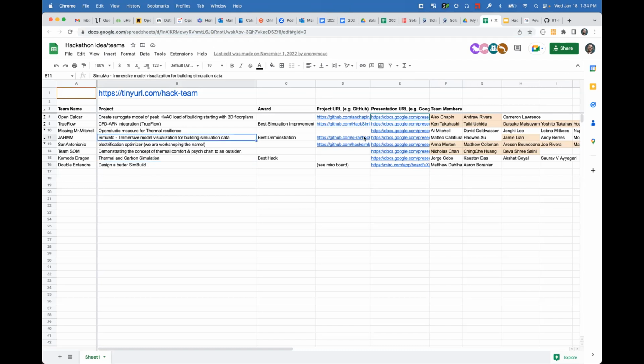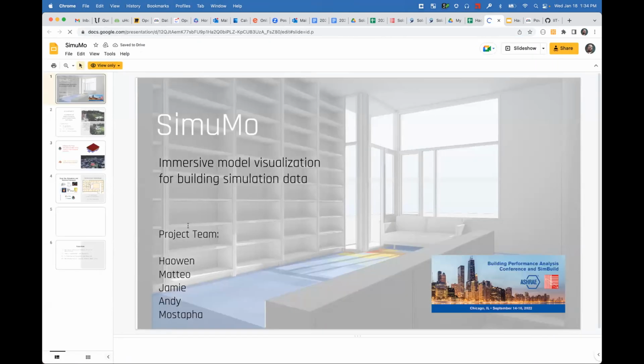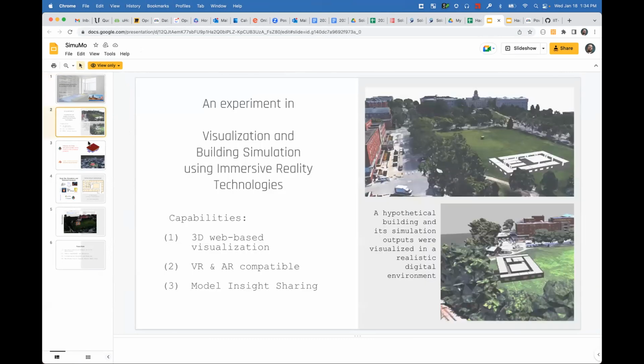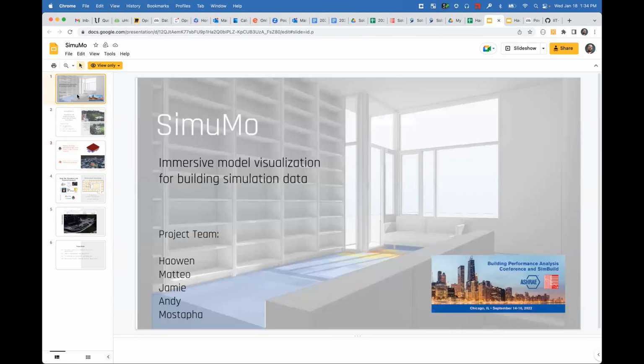Immersive. I think we had one here that might be using a headset. I might be getting mixed up. No, I think this was it. So this was taking simulation results and putting them into a VR headset. I'm particularly interested in taking this in a slightly different direction and doing it for augmented reality, where you have an existing physical building and you have measured data or simulated data with energy efficiency improvements, and then you can overlay that onto what you're seeing.